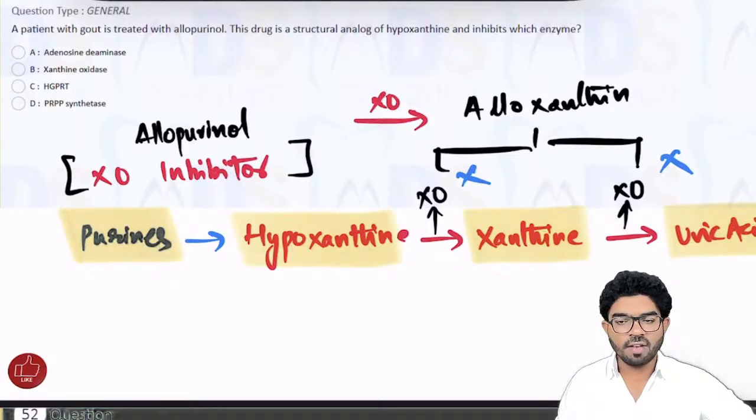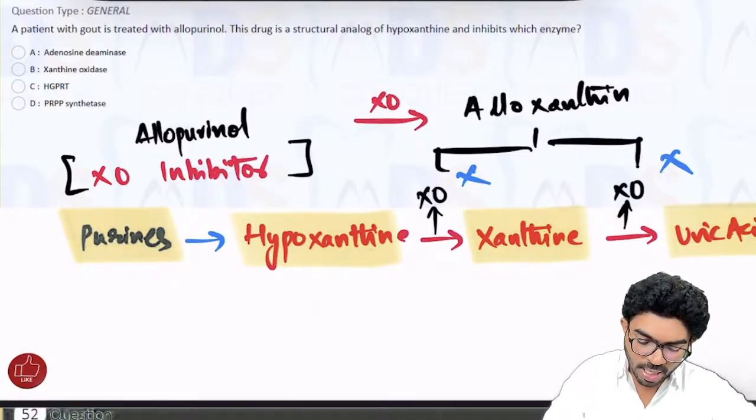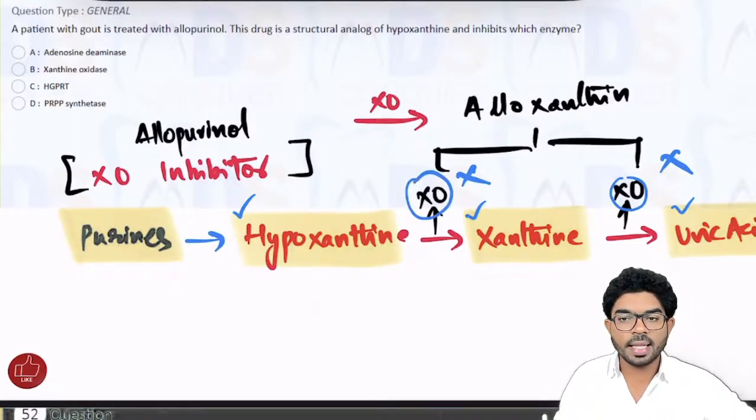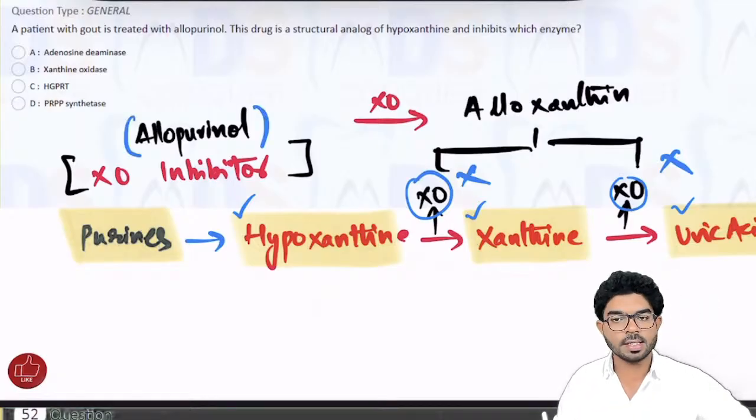Now, the conversion of hypoxanthine to xanthine and xanthine to uric acid is mediated by an enzyme called xanthine oxidase. And this xanthine oxidase is inhibited by the drug we are discussing now.